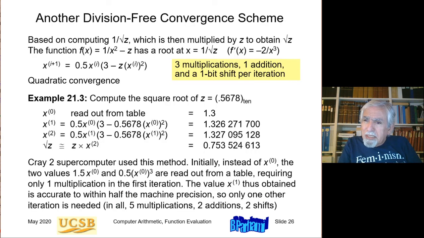For this scheme to work, we need a table lookup, and an analysis similar to what we did for division can be done for square rooting to find the size of the lookup table required to achieve a certain amount of convergence after the first step.